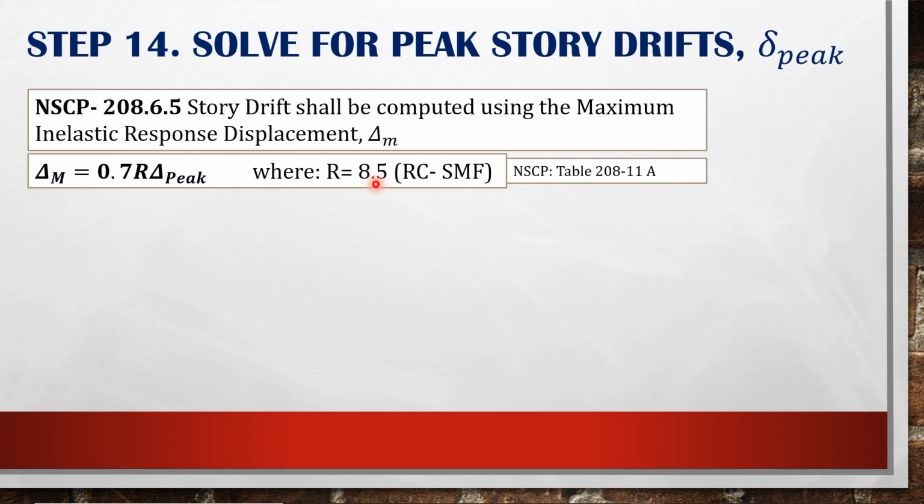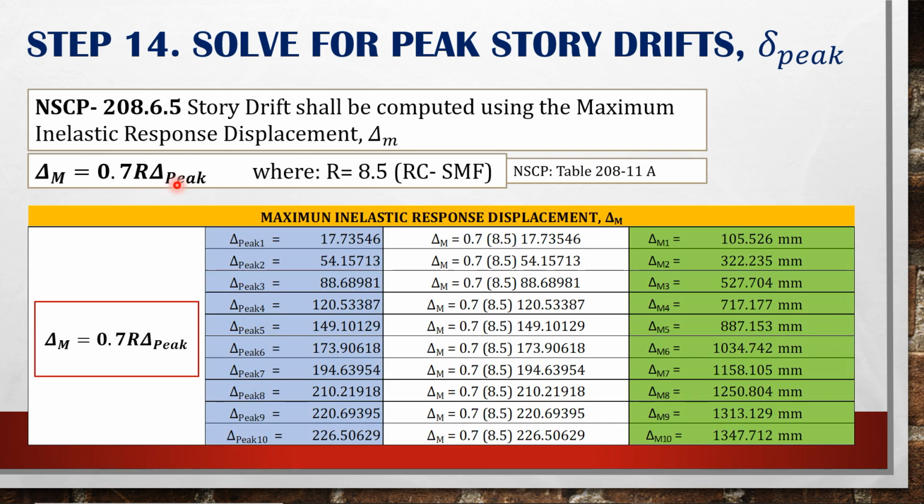So, we can now be able to solve for the delta M since meron naman tayong delta peak. Ito yung delta peak natin, no? Delta peak 1, delta peak 2, 3, and so on, delta peak 10. Ito yung mga value niya, no? Maximum inelastic response displacement. So, isusolve na natin ngayon. Ipa-plug in natin tong value dito, in each floor, no?